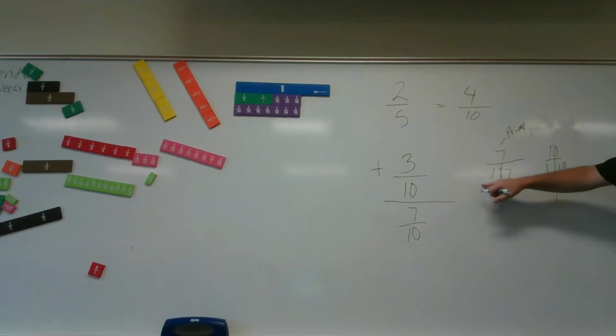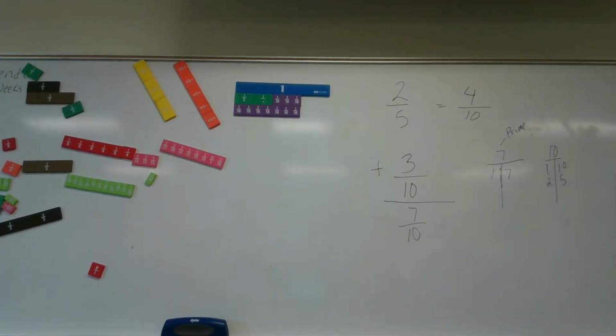Blaine, what factors do these two numbers have in common? Do they have a 1 in common? Yes. Do they have a 7 in common? No. Okay. Since that's all there is there, this makes my greatest common factor equal to 1.